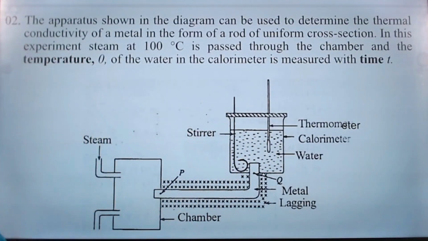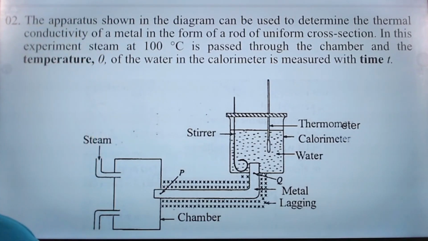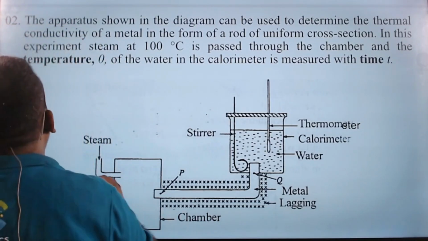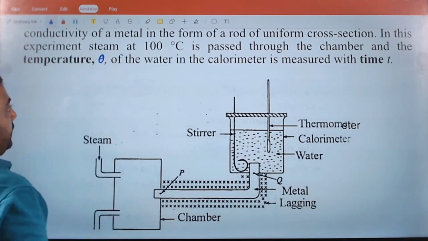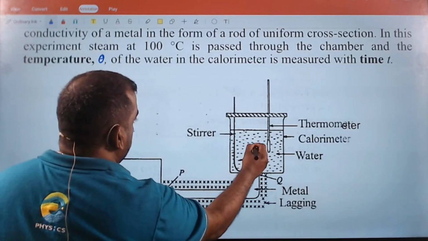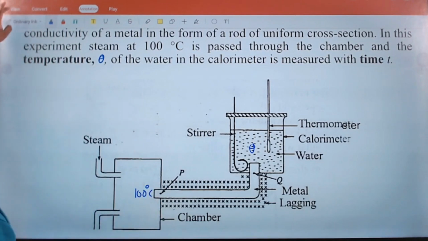Right. A uniform rod of cross-sectional area A has steam at 100 degrees passed through the chamber, and the temperature theta of water in the calorimeter is measured. Right. So theta here is measured. Here 100 degrees Celsius. Right.